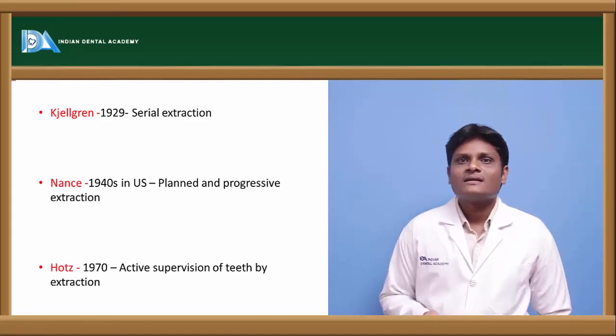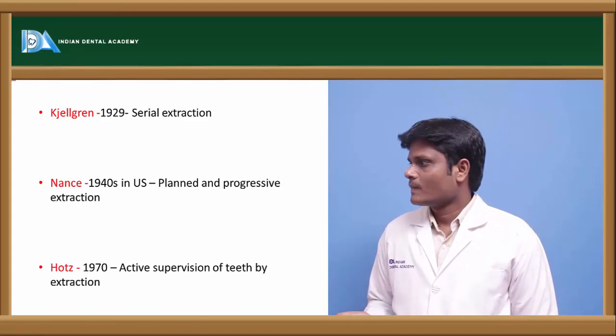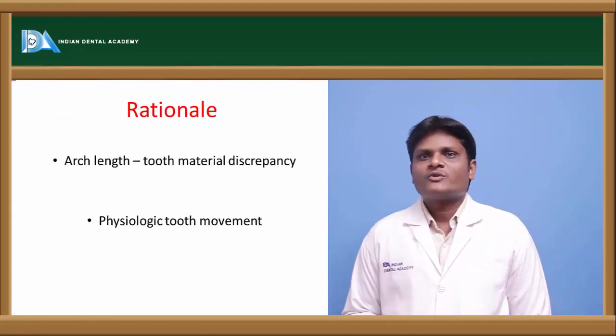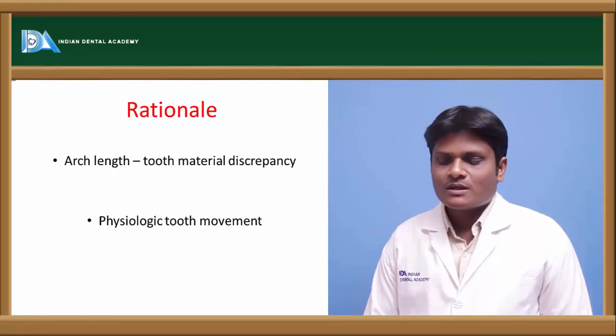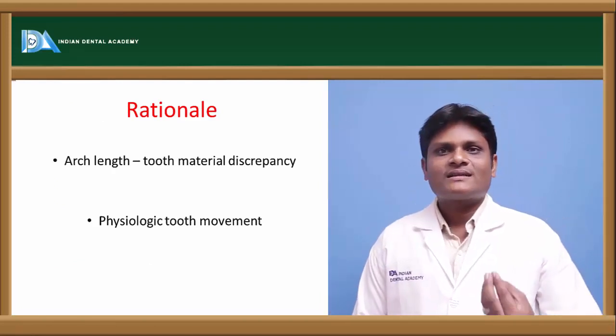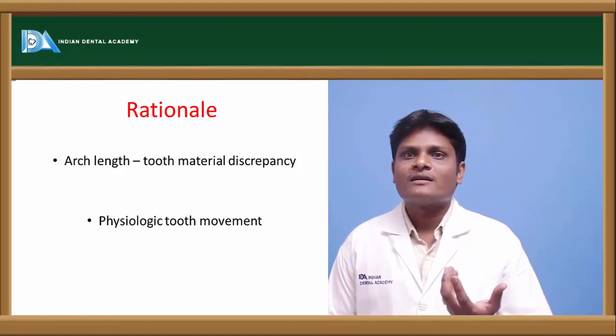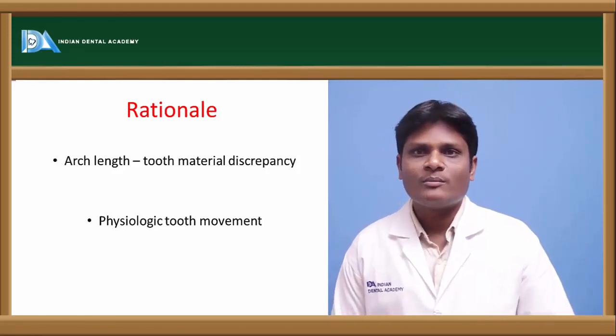That's why it is called guidance for eruption. As I told you, in the serial extraction procedure, we are extracting the primary teeth, thereby guiding the underlying permanent teeth to erupt into a more optimal position.